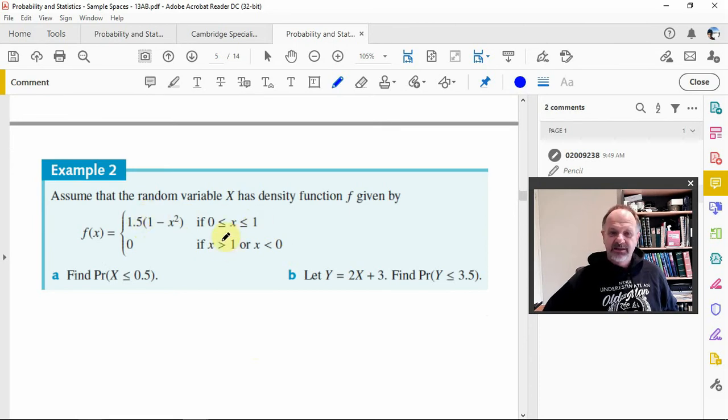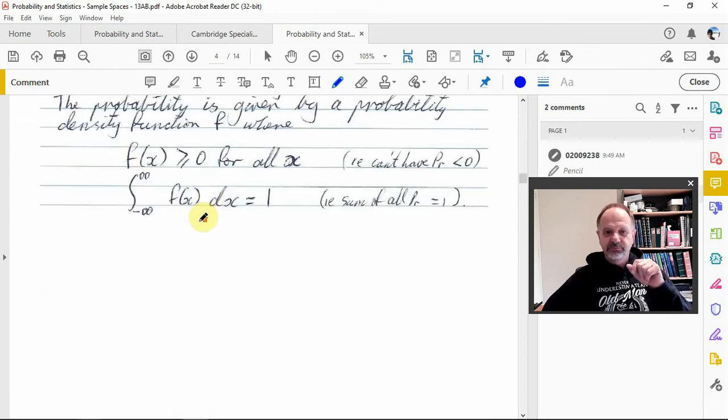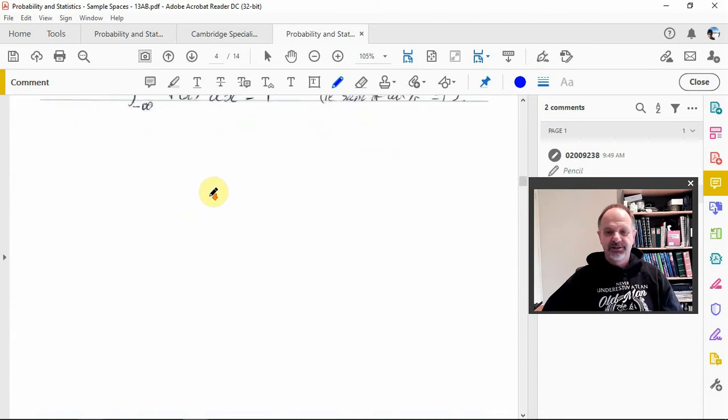Outside that domain, when x is greater than 1 or less than 0, the probability is 0. So it's a restricted domain on this parabola so that it fits these two conditions.